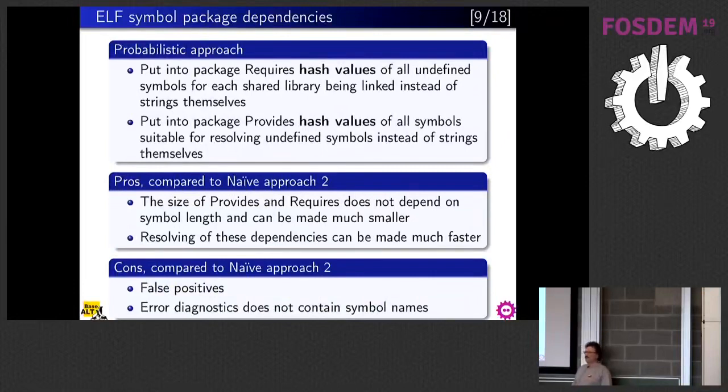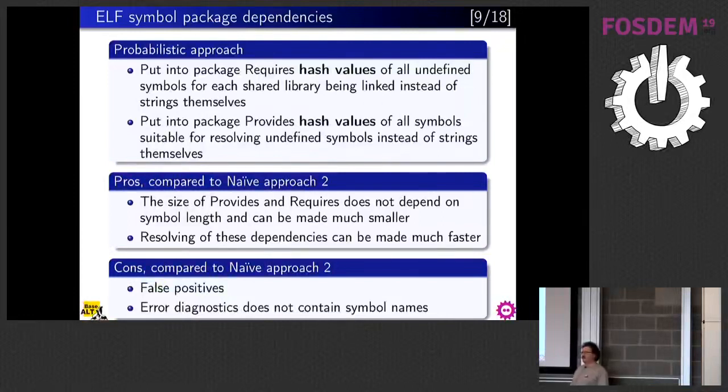So the next step would be to use a probabilistic approach. That is to put not the whole symbol names, which are too long, but just hash values of these symbols, and choose the hash function in a way that would produce an acceptable false positive rate. What is a false positive rate?